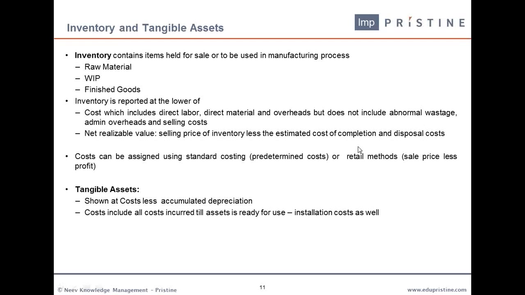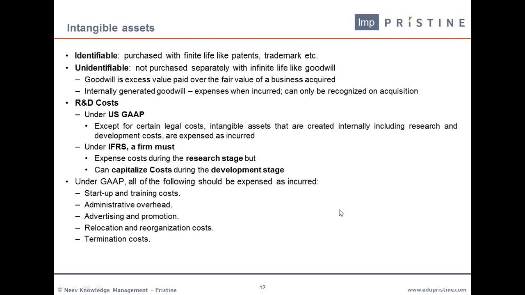So we have to take care of that, and from the cost we have to subtract the accumulated depreciation. The important thing to note here is the cost will also include the installation costs of the machine, say.